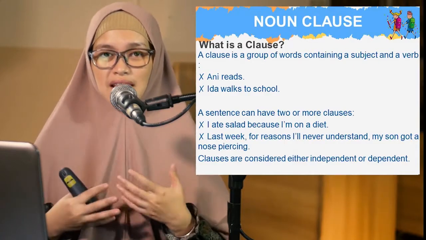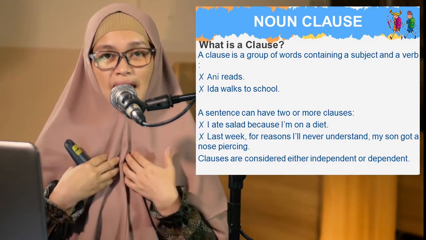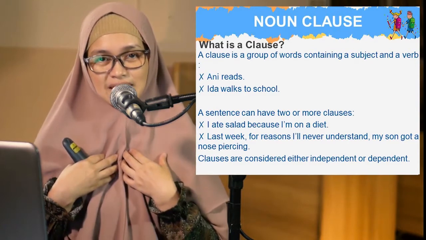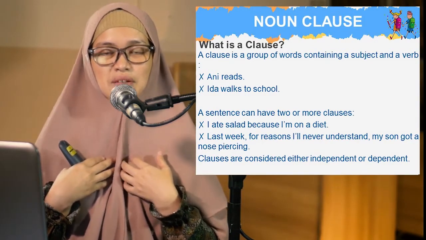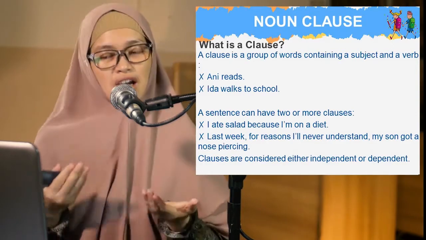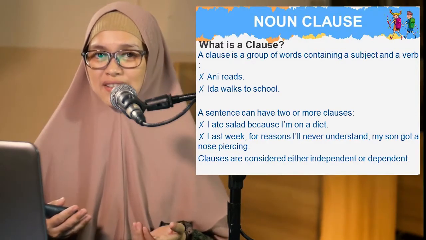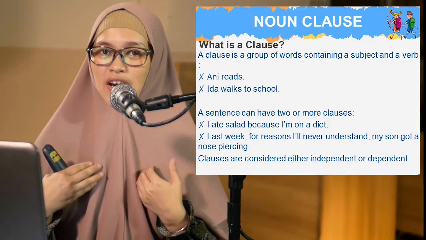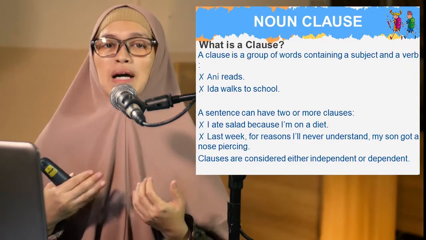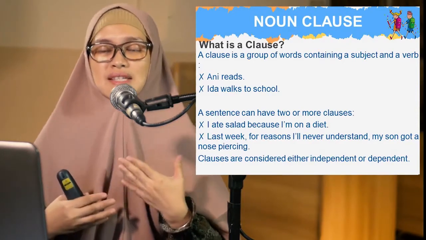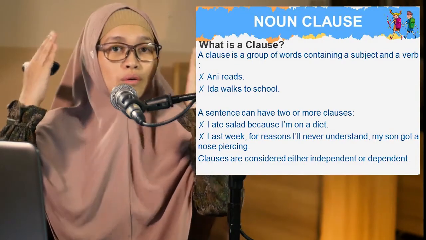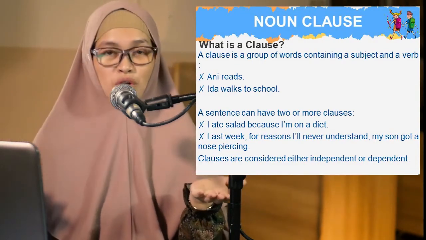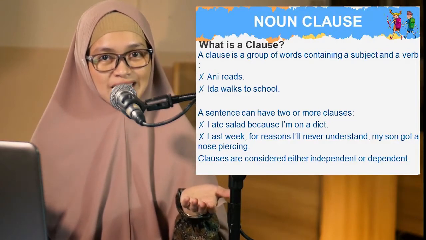You understand when I say I ate salad. Okay, why I ate salad? I ate salad because I am on a diet. When I say I ate salad, you have already understood that. But when I say because I am on a diet, you will question, what is it? Because I'm on a diet. Why are you on a diet?